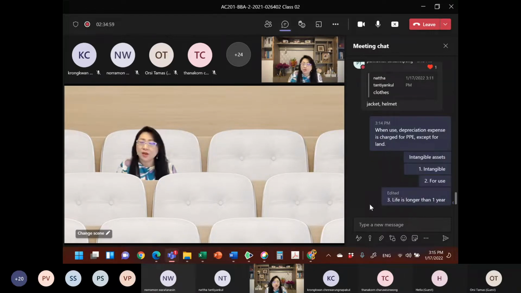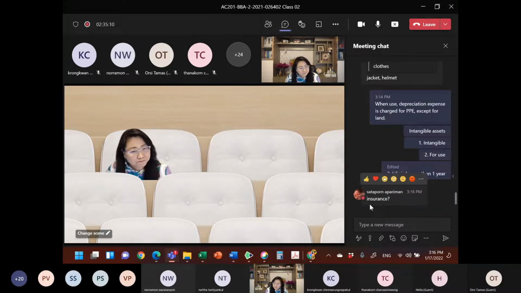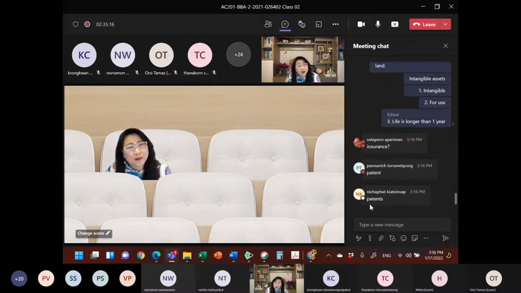Okay. So if you look at the characteristics, they are very similar to that of the PPE, except that it's not tangible. Then what would be the example? The example would be copyrights, trademarks, trade names, franchise rights, logos, cartoon characters.